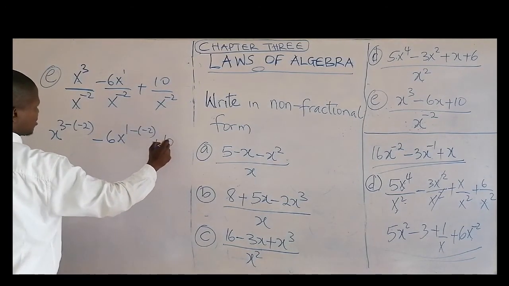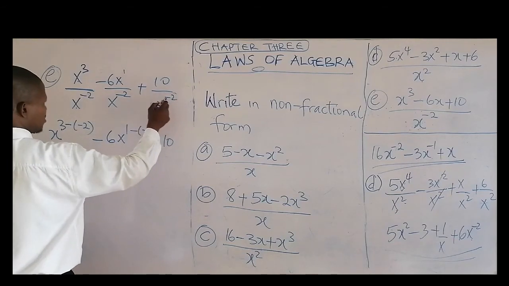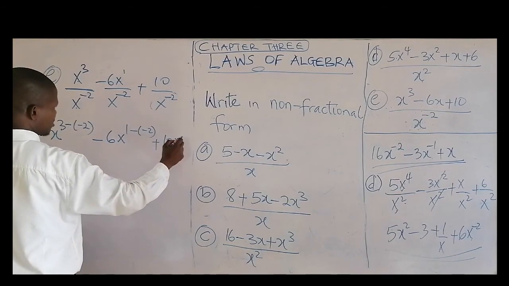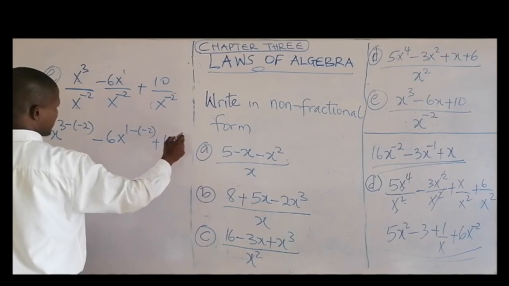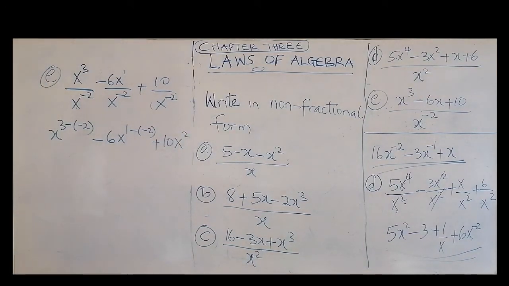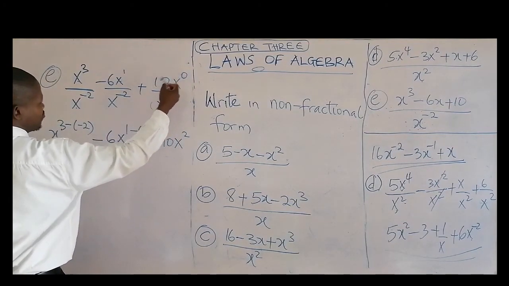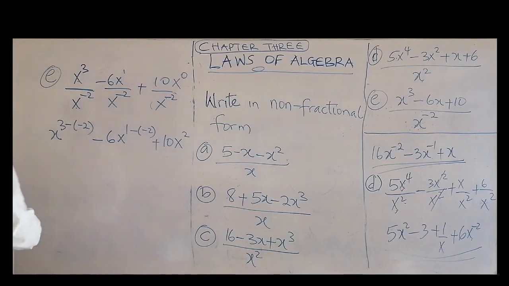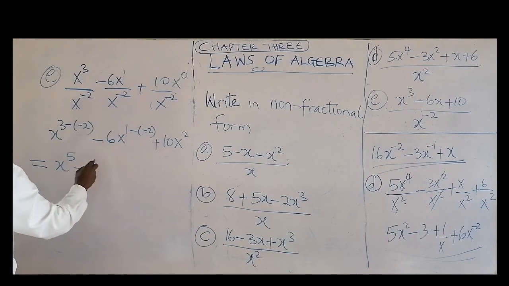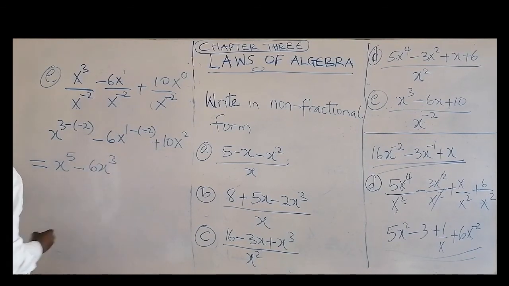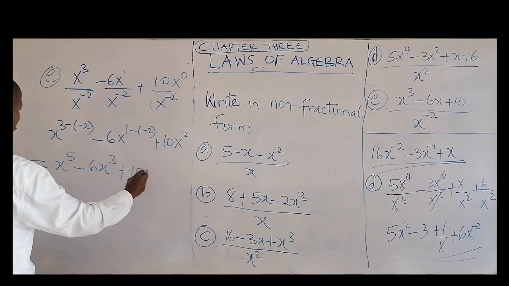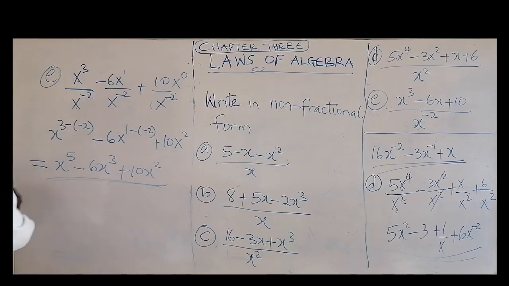And 10: if this one goes up, the minus will cancel. That will be 2. So you are having something like x to the power 0 here. So 0 minus 2. Then the final conclusion will be minus, that's plus, x to the power 5 minus x to the power 3, and then plus 10x squared. So that's that, this question.